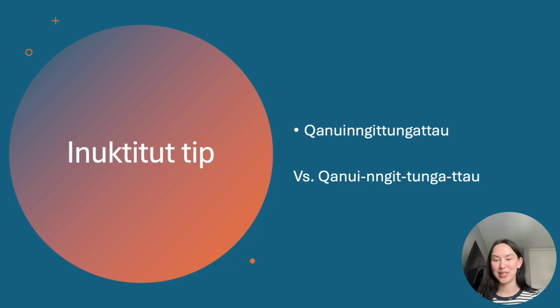So when you're reading Inuktitut, often it'll look like the top, where it's so many words, it's very overwhelming. How do you get there? But if you break it down, like it is at the bottom, into the different pieces, it's easier to make sense of what the words are, so what's being said. So you could say, okay, I know tunga means I am. Ngit means not.